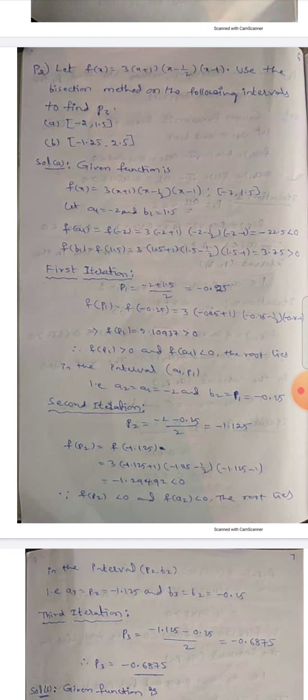Use the bisection method on the following intervals to find p3. The intervals are: a, closed interval -2, 1.5; b, -1.25, 2.5.